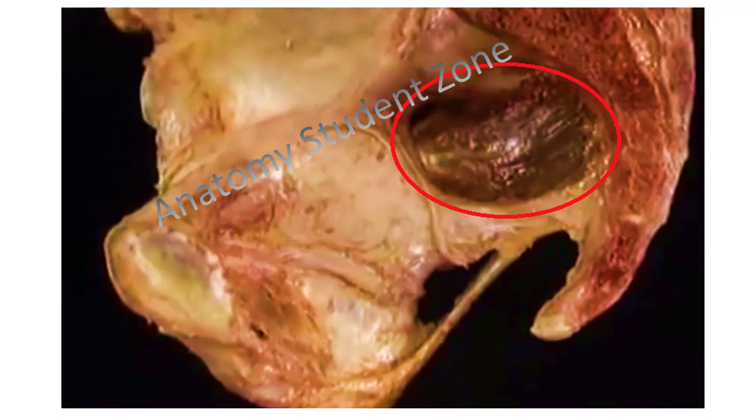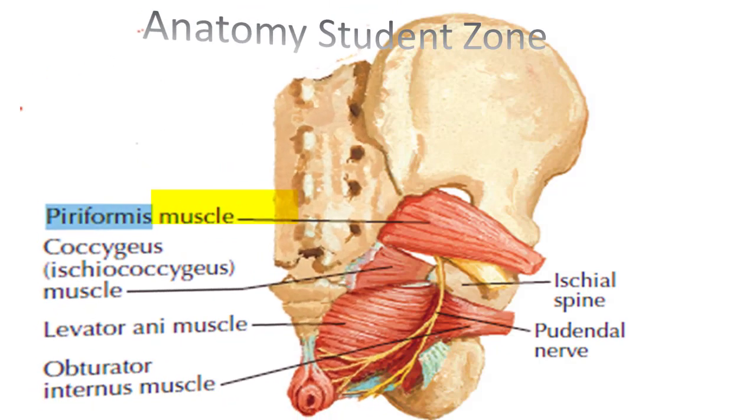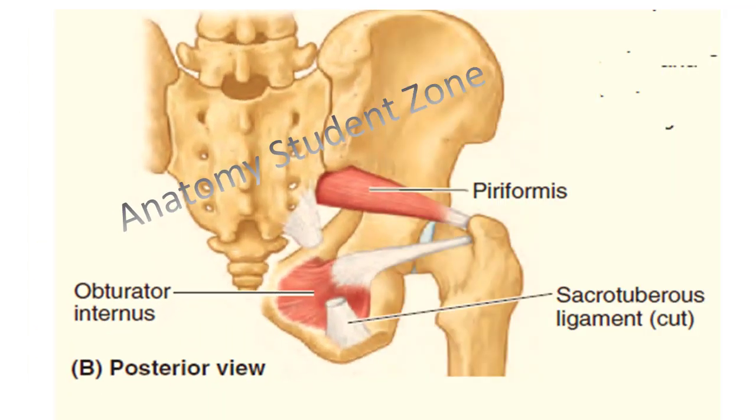After originating from the anterior surface of the sacrum, the fibers of the piriformis pass through the greater sciatic foramen, and then it is inserted on the greater trochanter of the femur. I will cover the details of this muscle later on, but here remember these points.